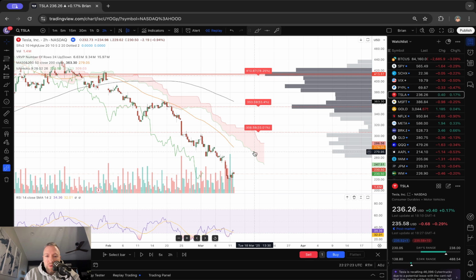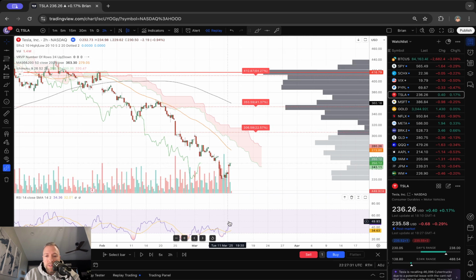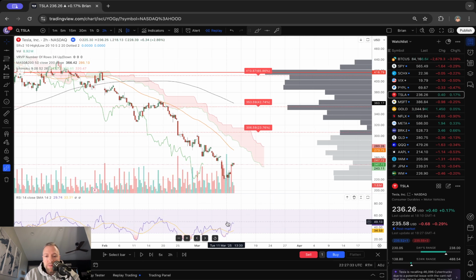You can see this whole time we have this red cloud out in front of us. We're way below the 50-day moving average. Remember our RSI levels, right here is at 47. Down here it was at 19. So we had a little jump up right here.